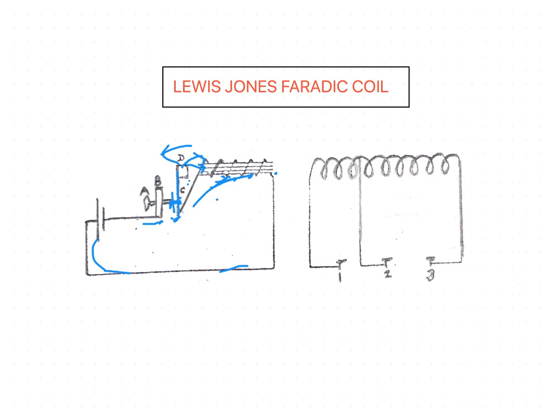This series of events is repeated approximately 50 times per second and an interrupted direct current flows in the primary circuit. Okay, this circuit has inductance. As the current varies, a self-induced EMF is set up. This opposes the rise of the primary current, making it more gradual.